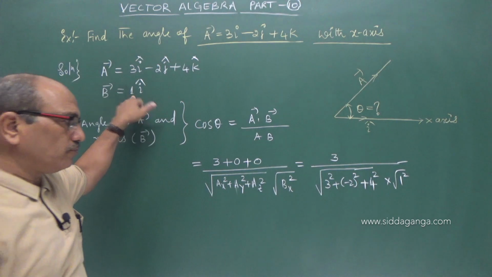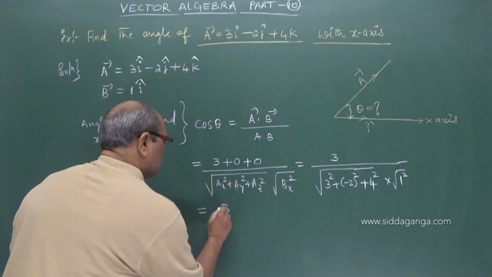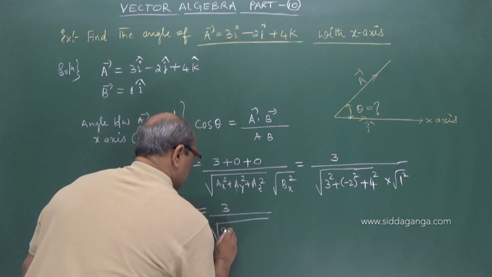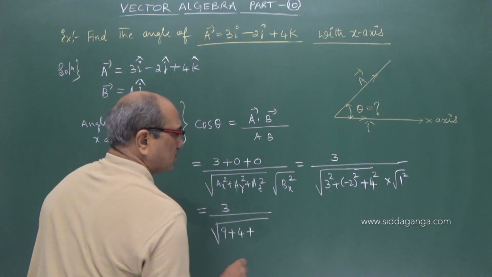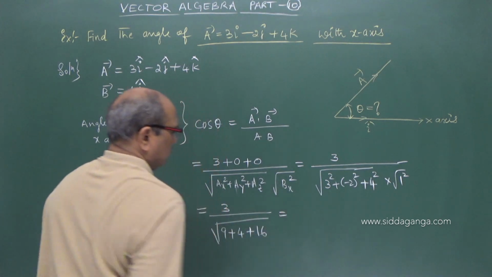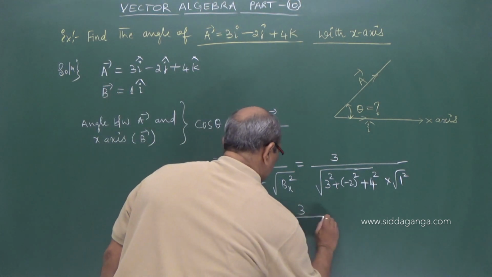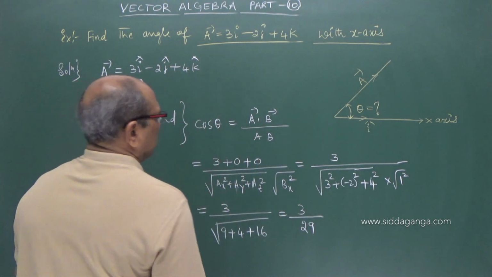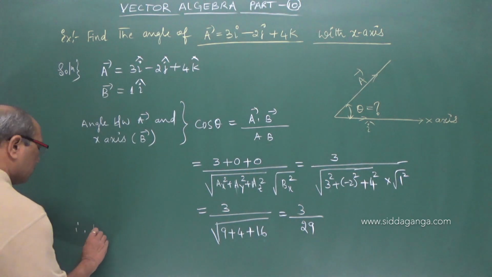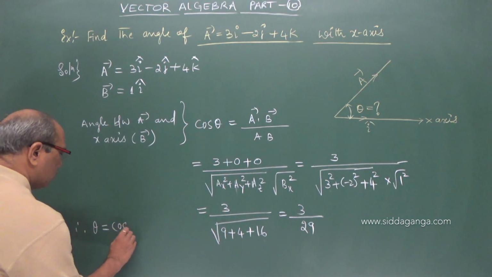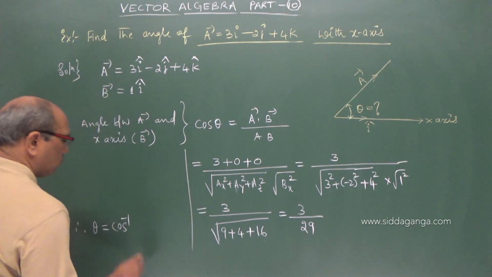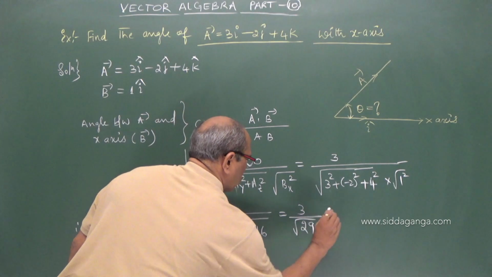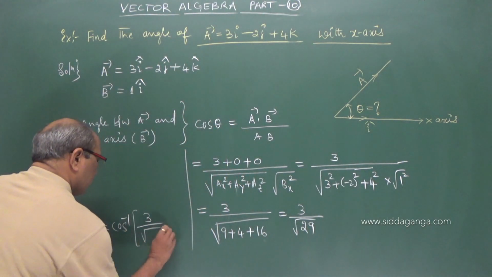B is 1. So this equals 3 divided by root of 9 plus 4 plus 16, that is 3 upon root 29. Therefore, theta is equal to cos inverse of 3 by root 29.